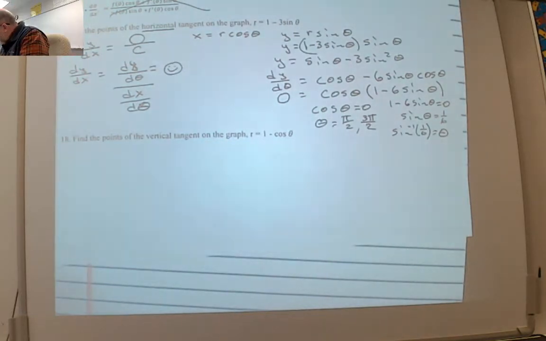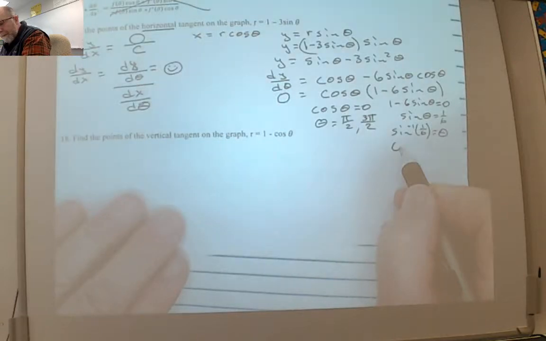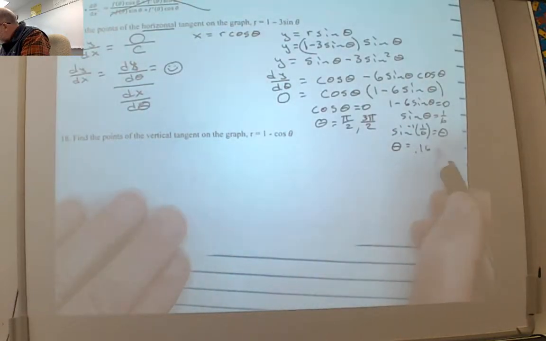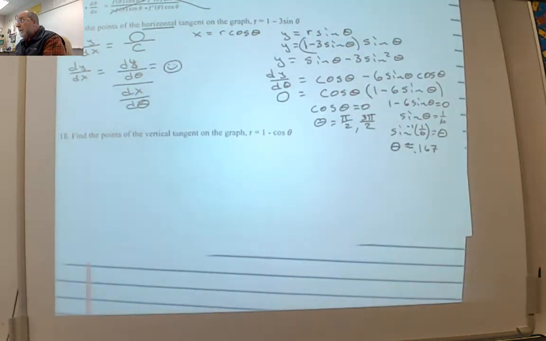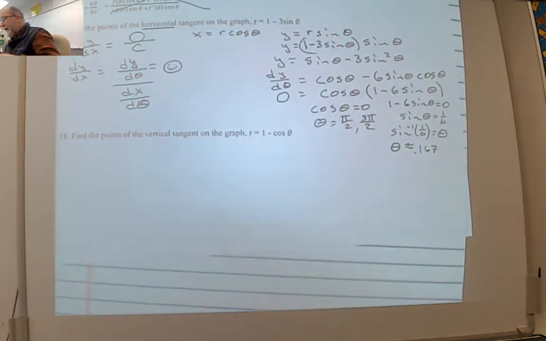And I got theta to be about 0.167. Okay, so now I'm going to check my answers.